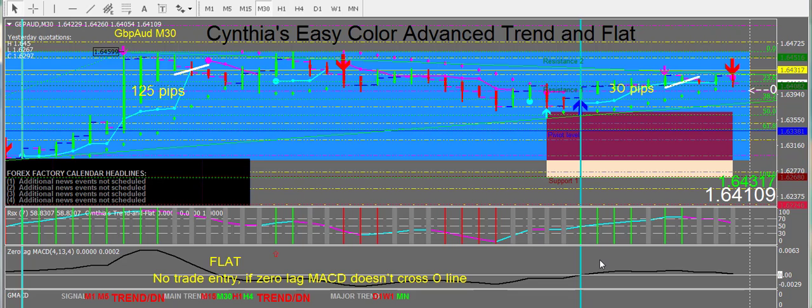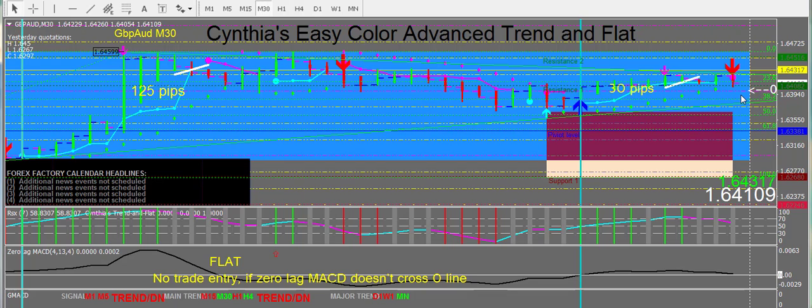The depth of the pullback is really important, because the deeper the pullback, the stronger it's going to resume in the main trend direction. A shallow pullback, meaning only to 23.6 or 38.2, means that the uptrend, when it resumes, will not be very strong.